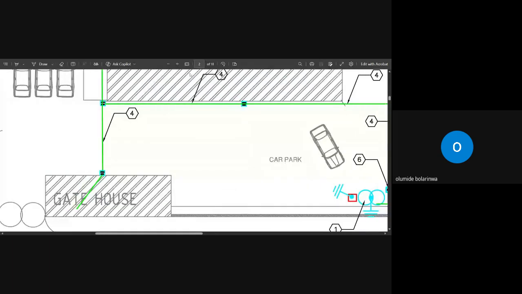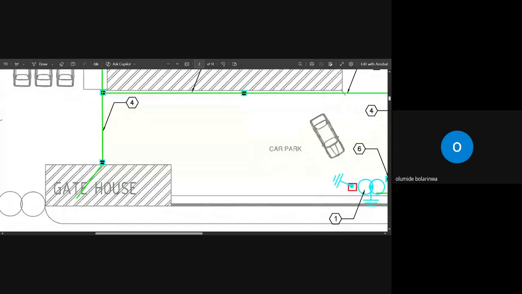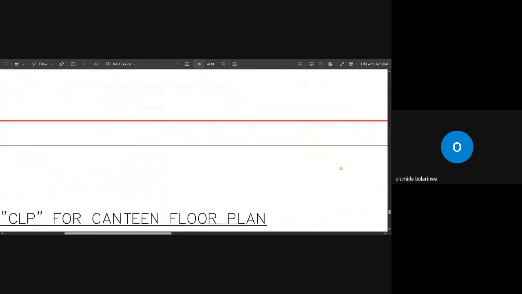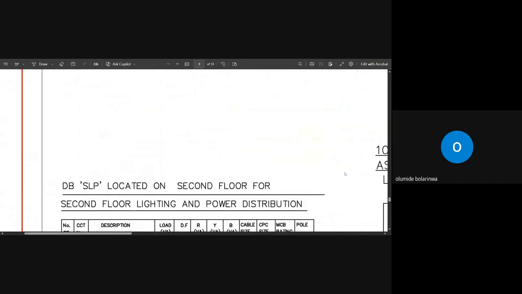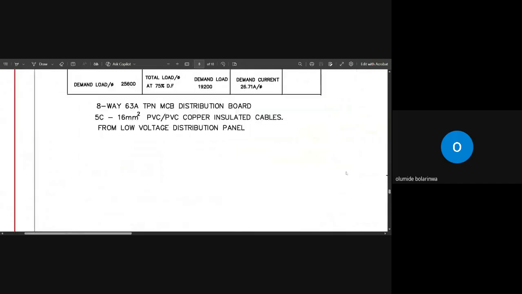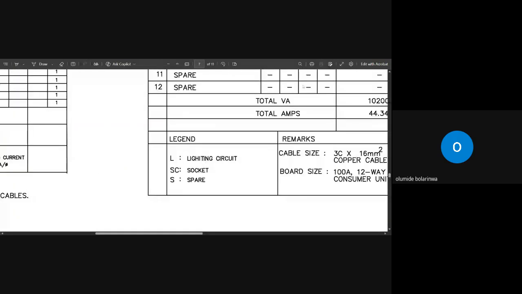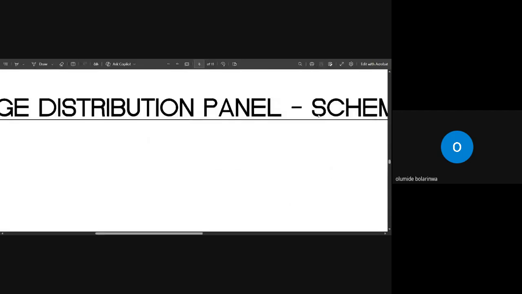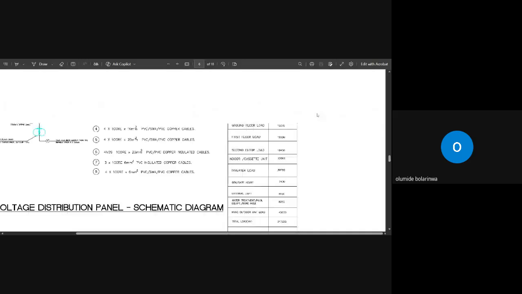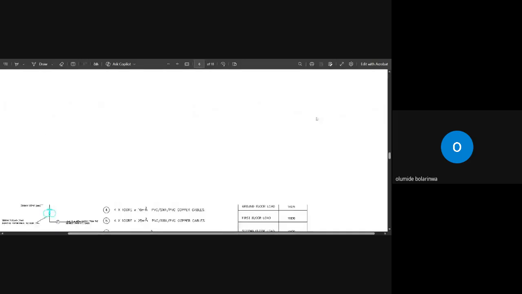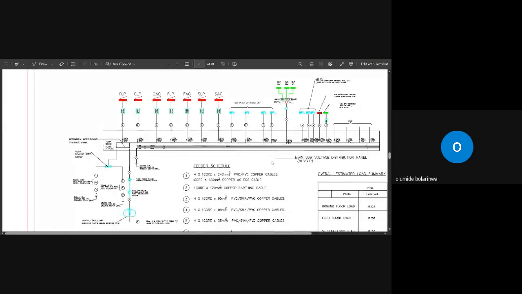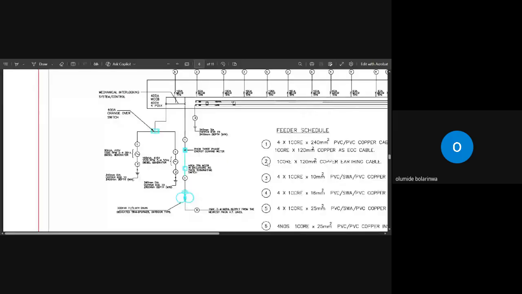On this distribution schedule, you can see it is running from the transformer to your 400 amps enclosure, and we are using cable number 1.